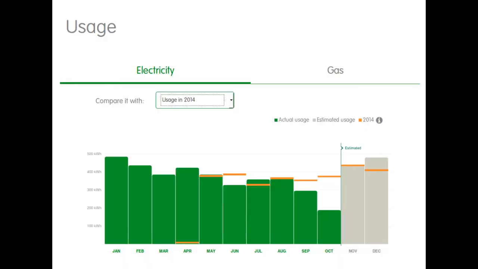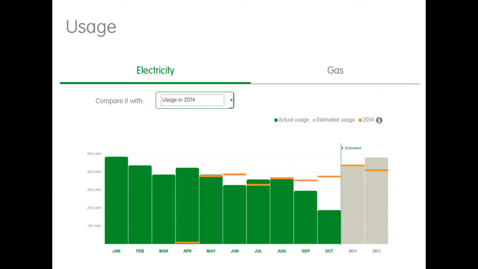And the last graph I wanted to show is from my actual electricity supplier, and it shows my electricity usage over the last 12 months. Now you can see that in September the level has dropped a little bit from what's expected, and that's actually before we had the solar panels fitted.